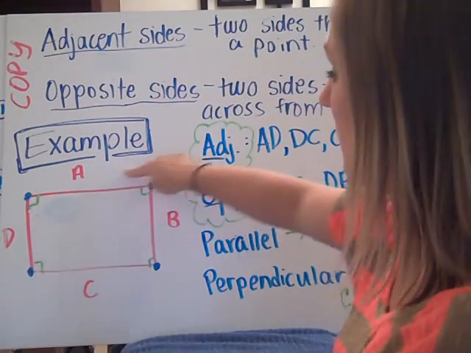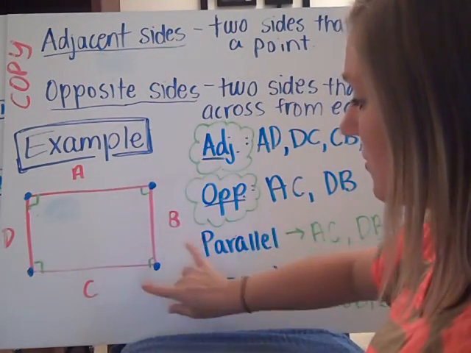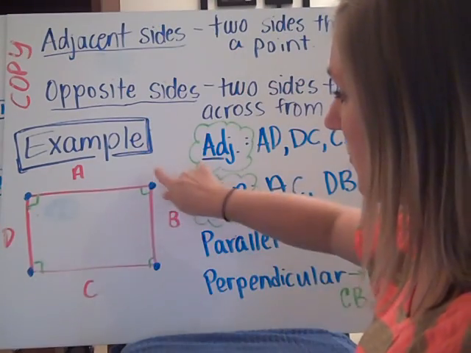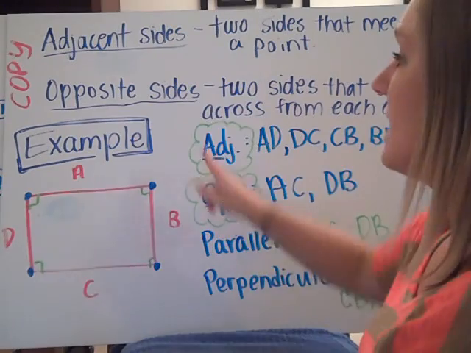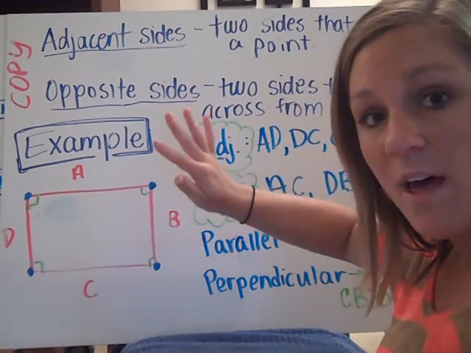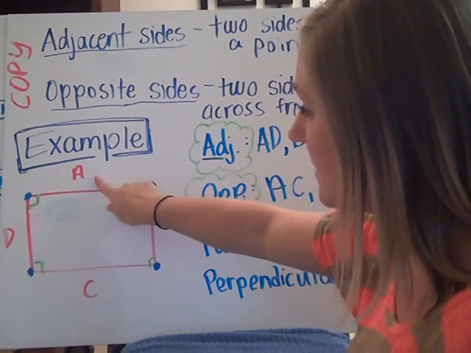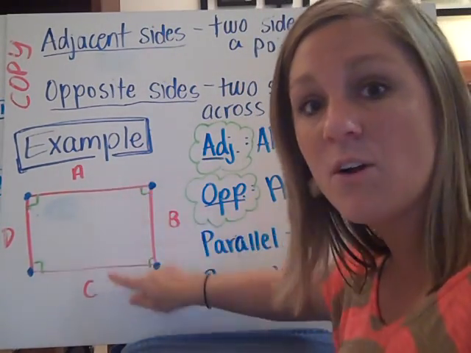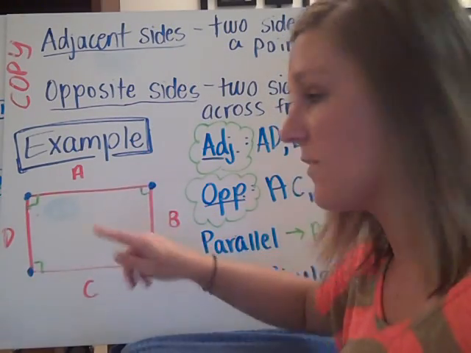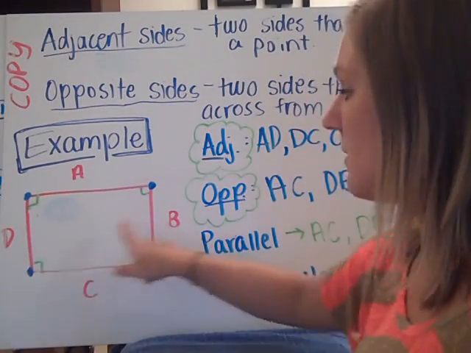You can say the same with A and B, and C and B. So the sides are meeting at a point. Now the opposite sides, again, they are across from one another, as you are to your computer. So if we look at side A and side C, they are across. They're never going to touch because they're across from one another. They're opposite. Same thing for D and B.